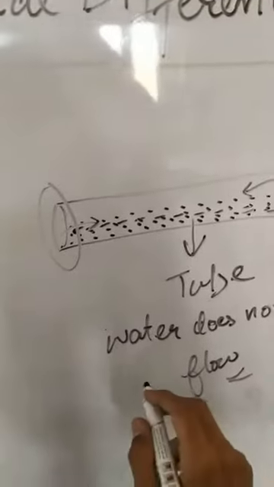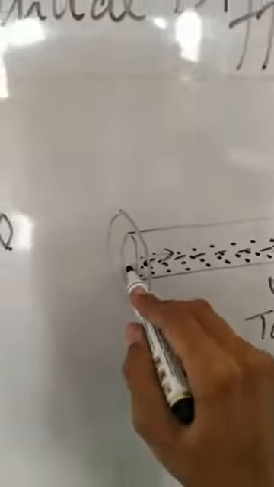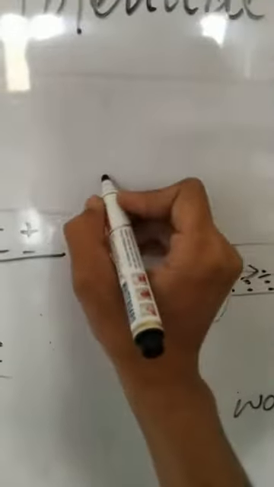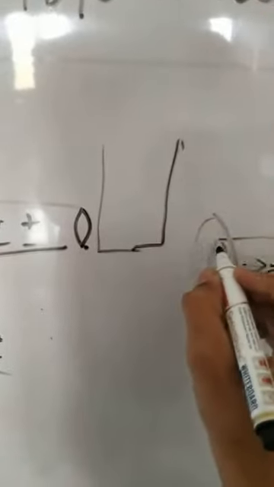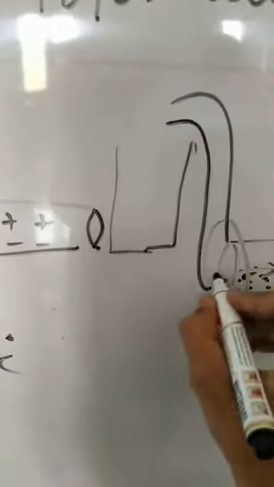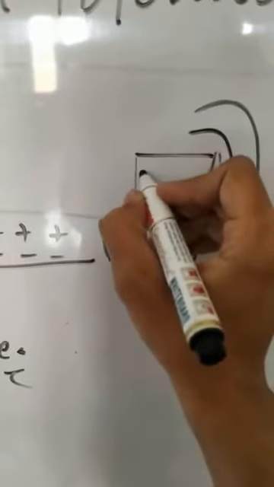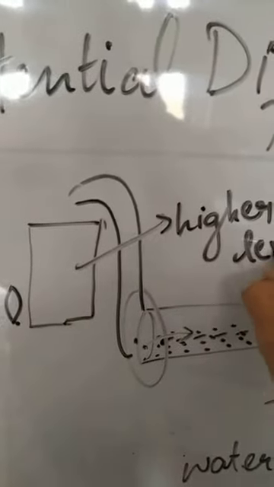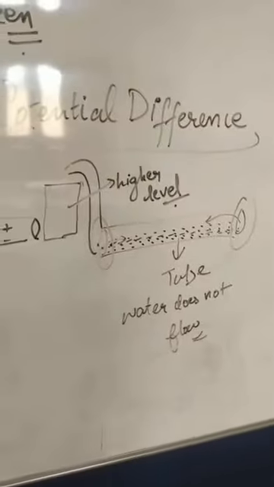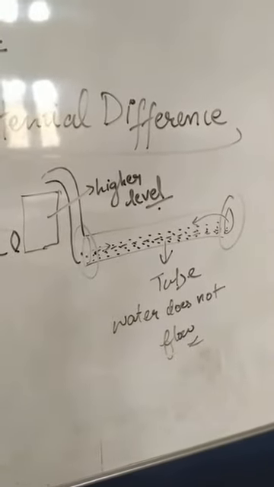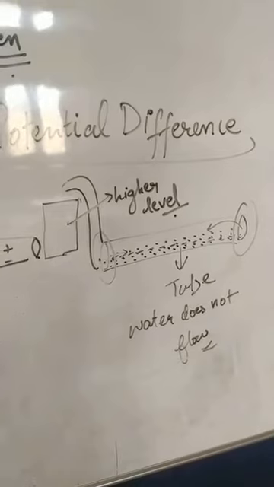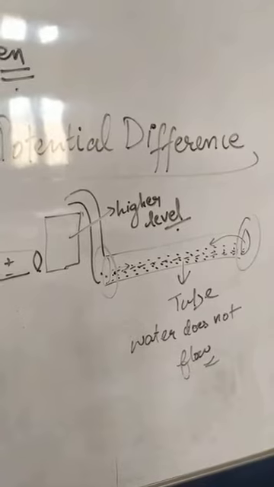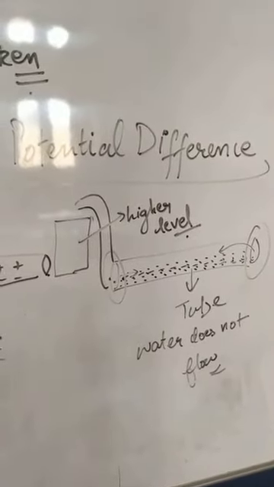So when will the water flow? When this end is connected to a tank present at a higher level, such that there is a pressure difference between the two ends of the tube.